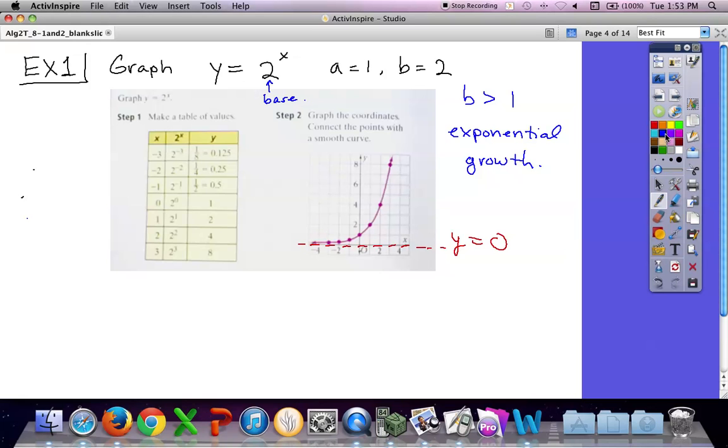Now, remember, we have to keep emphasizing domain and range. What does domain usually refer to? X values, right? And when you have an infinite number of points making up a continuous line like this, then you can't list all the x values. Instead, we're going to give a range of values. This arrow is going infinitely to the left.